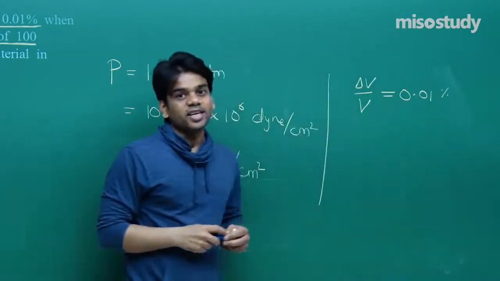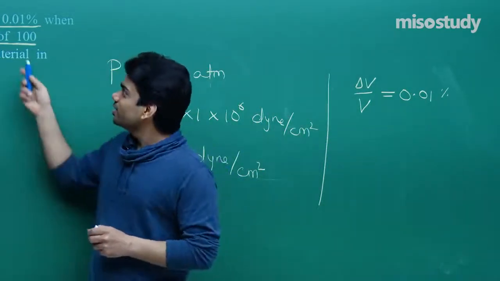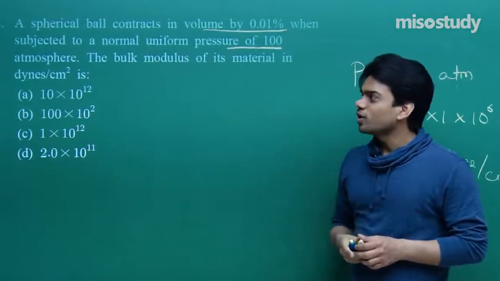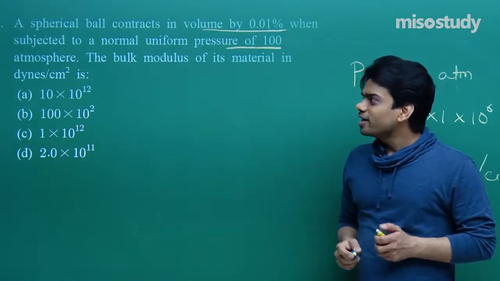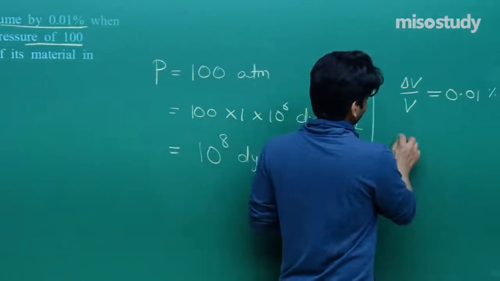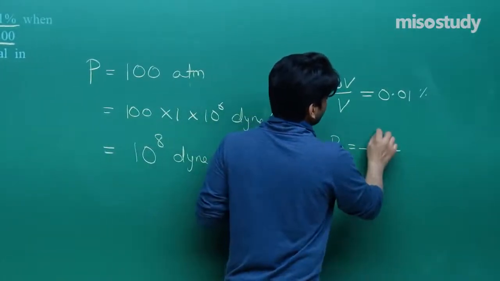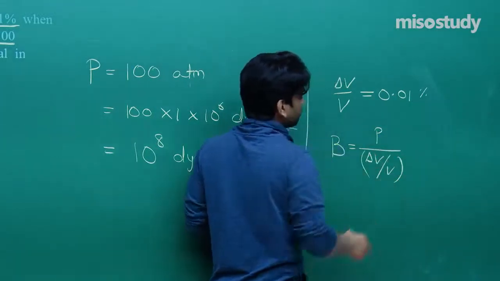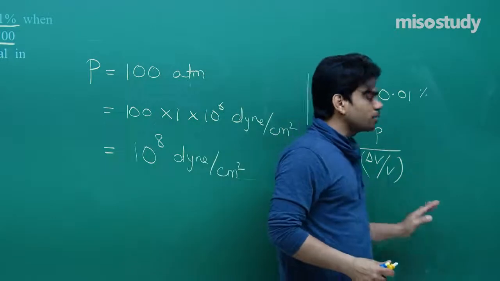Bulk modulus we know is P upon delta V by V. We only have to put in the values.